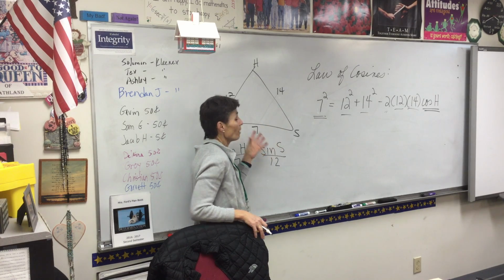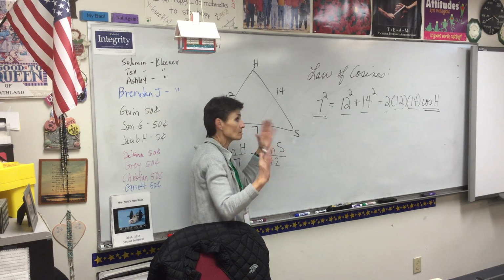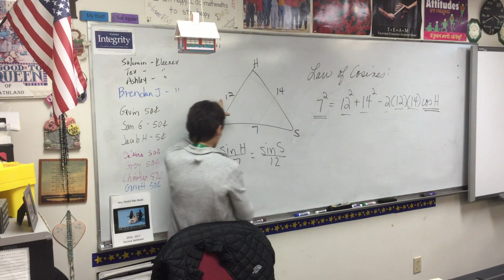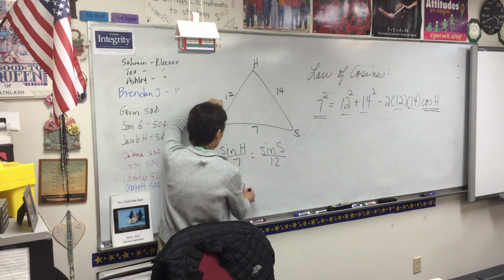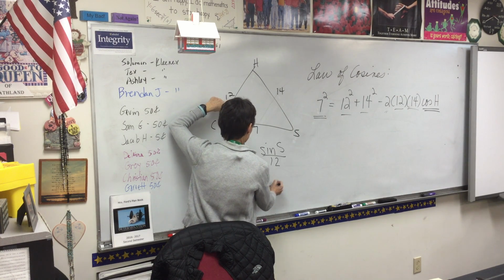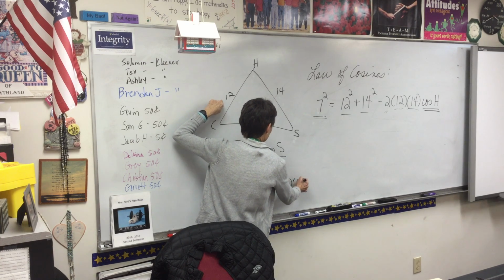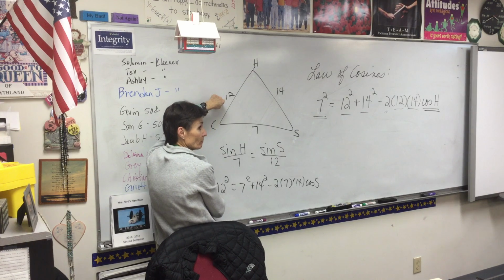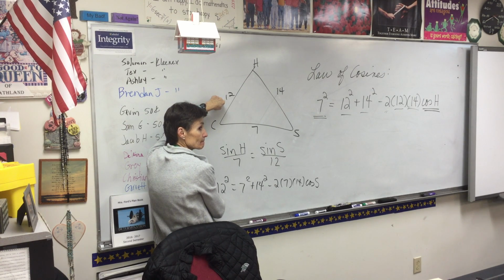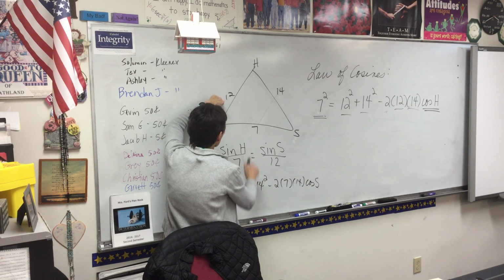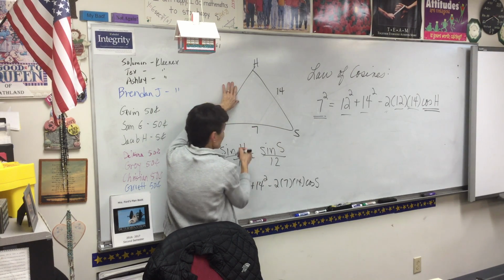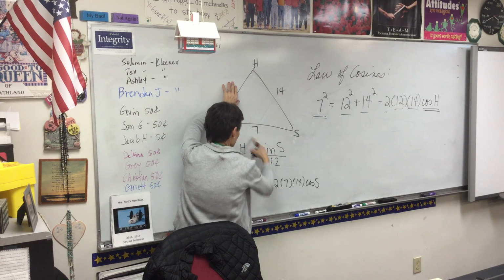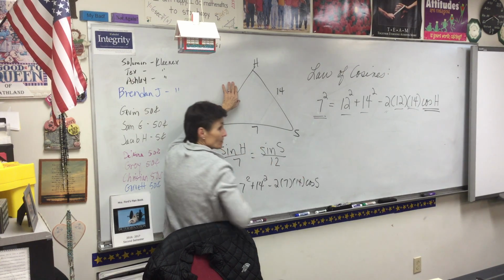So you look at this problem and you say, I want to do angle S. Great. If you're doing angle S, you're writing 12 squared equals 7 squared plus 14 squared minus 2 times 7 times 14 cosine S. Because you picked angle S and put 12 over here. And then in the middle is just the other two sides.